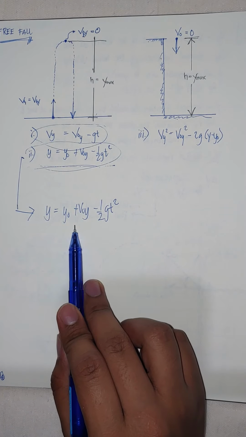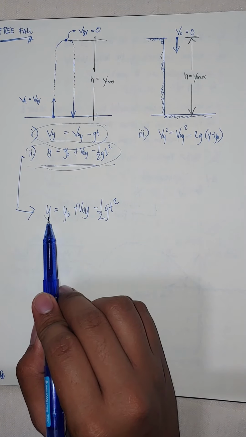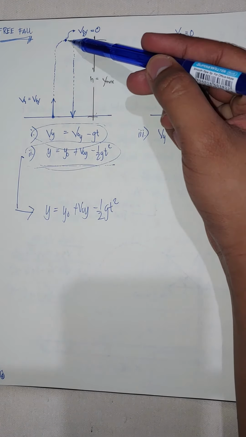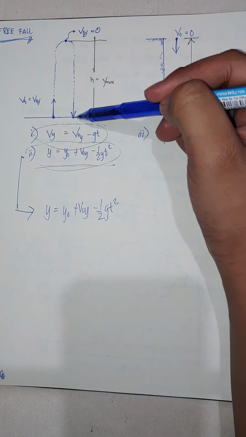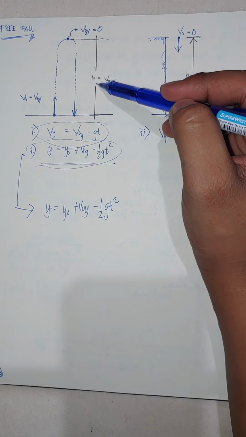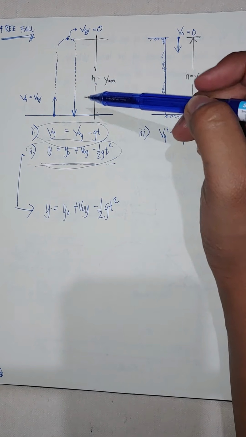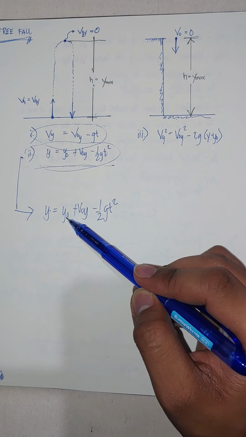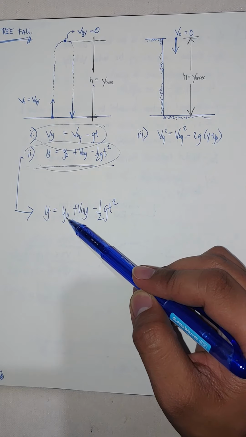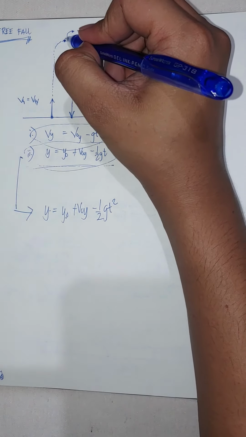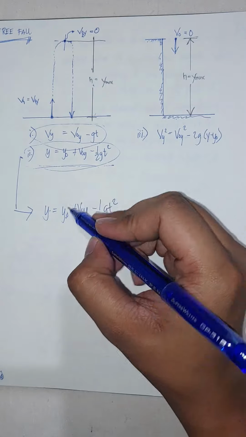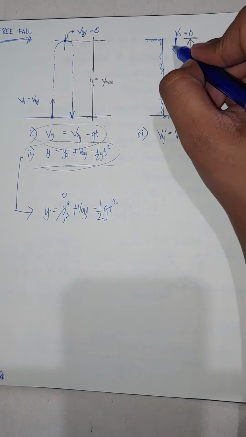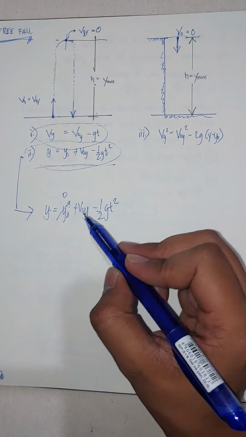From this equation, our y is the distance traveled by the particle. From this point going downward, our y is just equal to h or the y max. And y naught is the initial position of the particle. Let's say we make the origin this one, so this becomes 0.